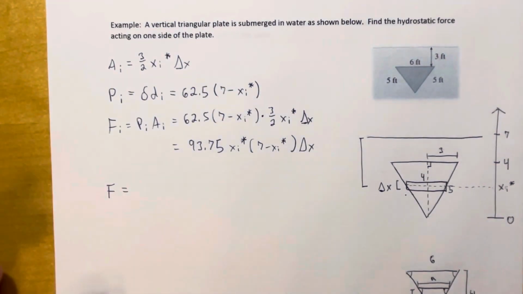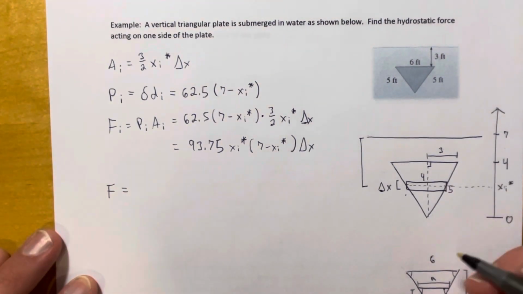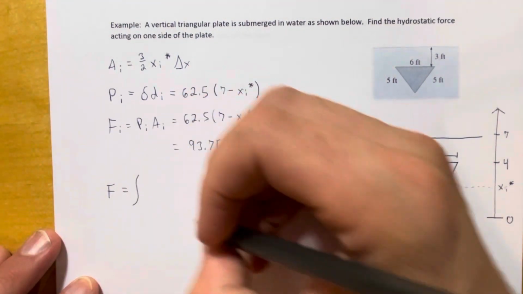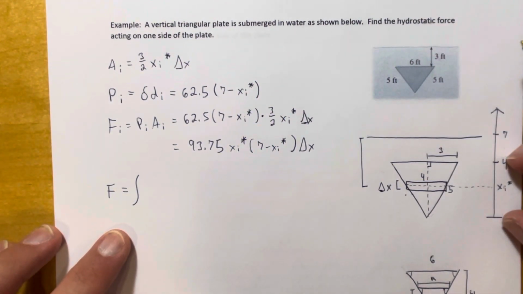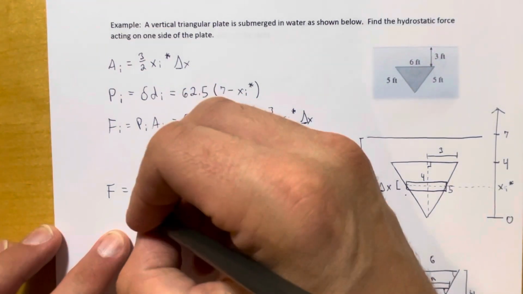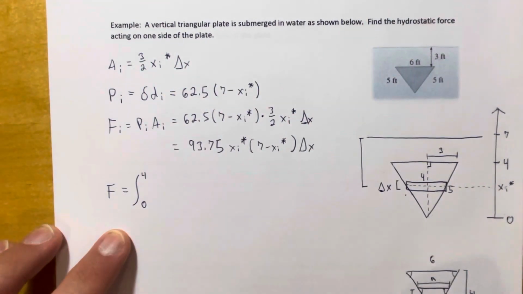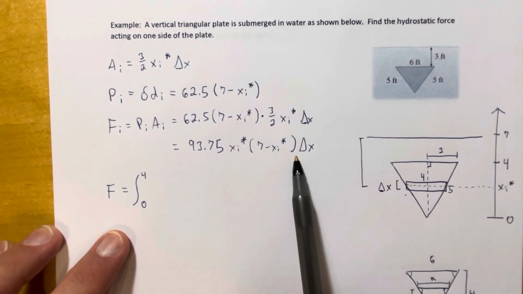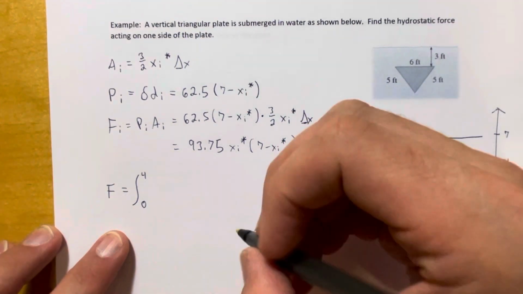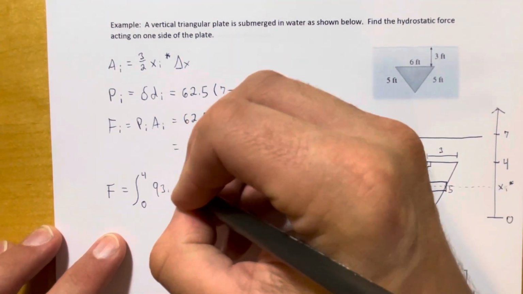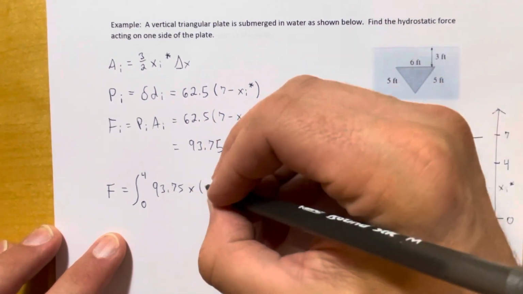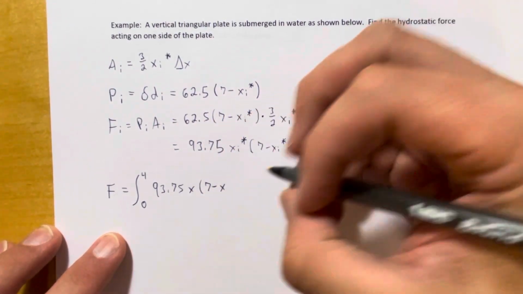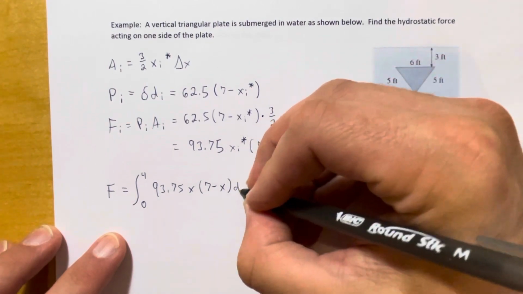F, the hydrostatic force acting on the entire plate, is the definite integral from 0 to 4, because that's where all of these approximating rectangles are coming from, of, here's where the integrand is going to come from. Remember, all of your xi stars become x's, so I get 93.75 x times (7 minus x). Then your delta x becomes a dx.